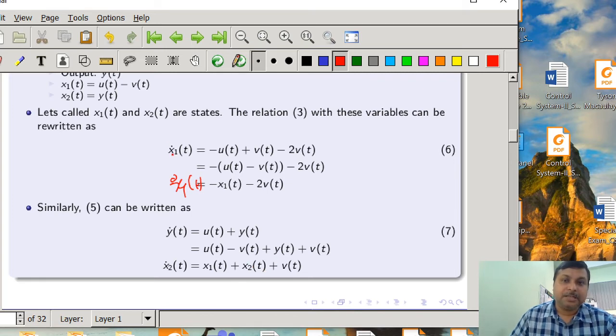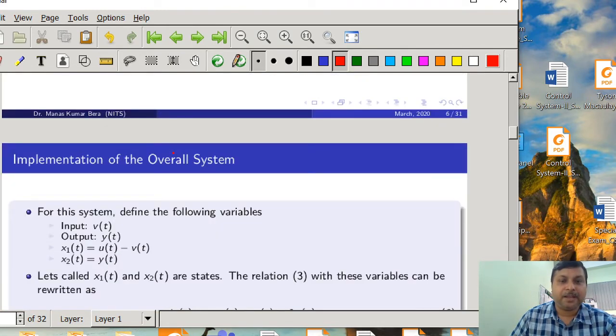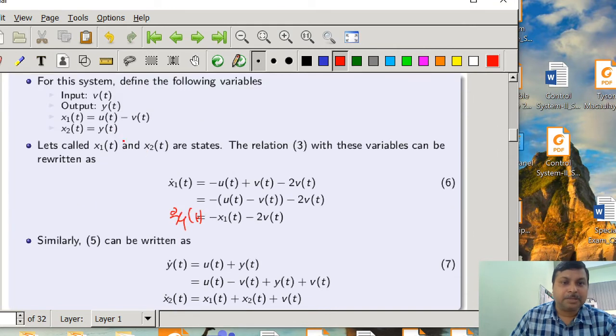Now the same system, represented by equations 3 and 5, we have represented in another form, two first order differential equations, where the right hand side has only the variables x1 and x2 and the input v(t).